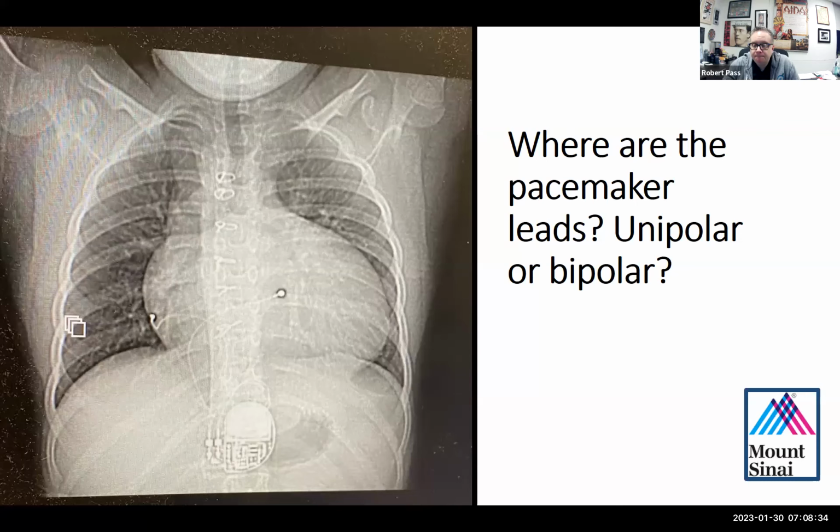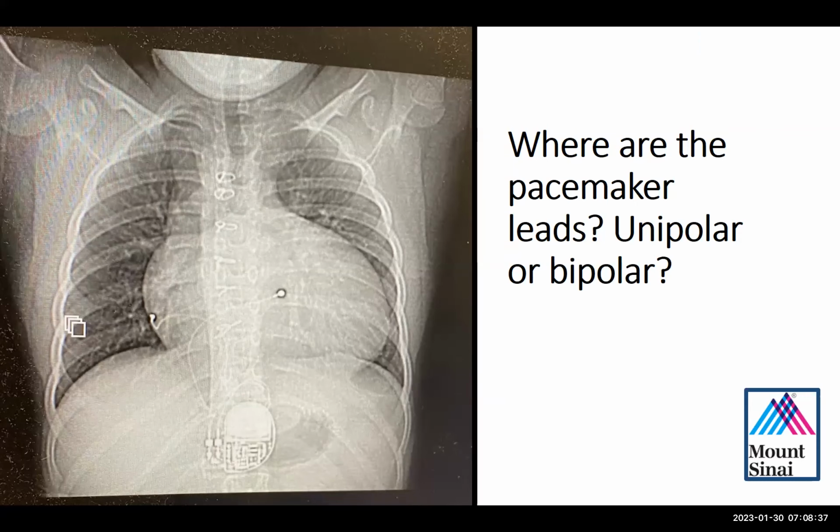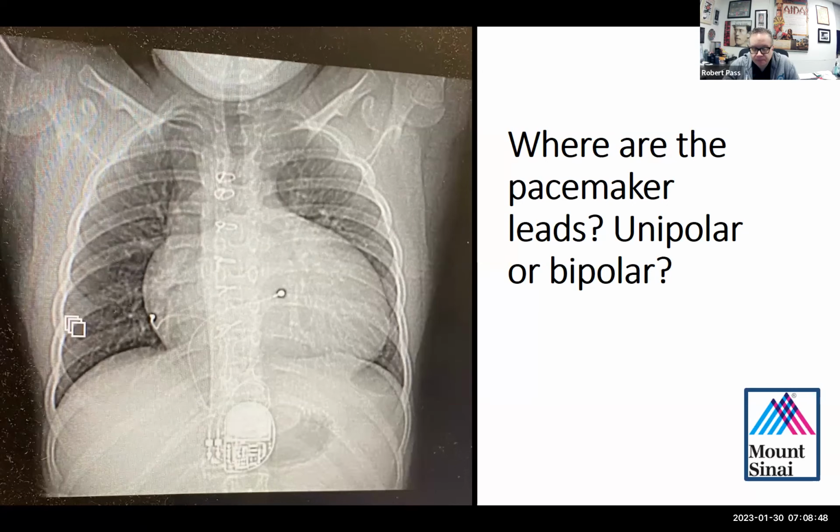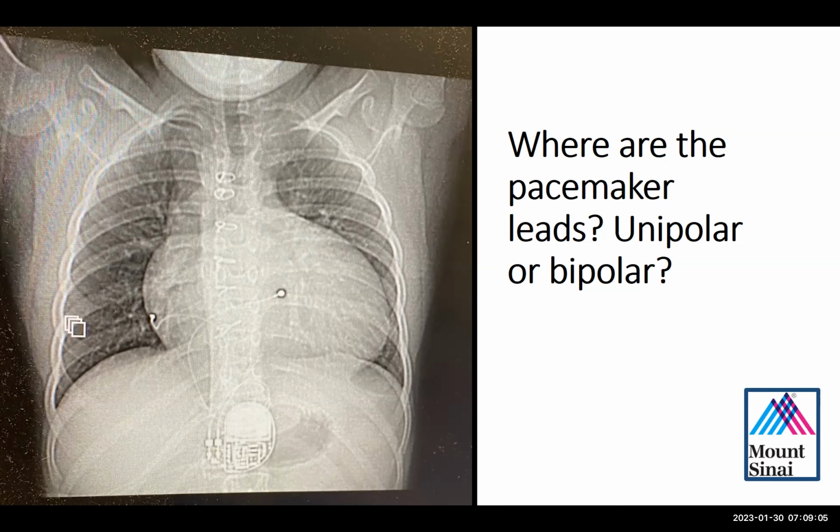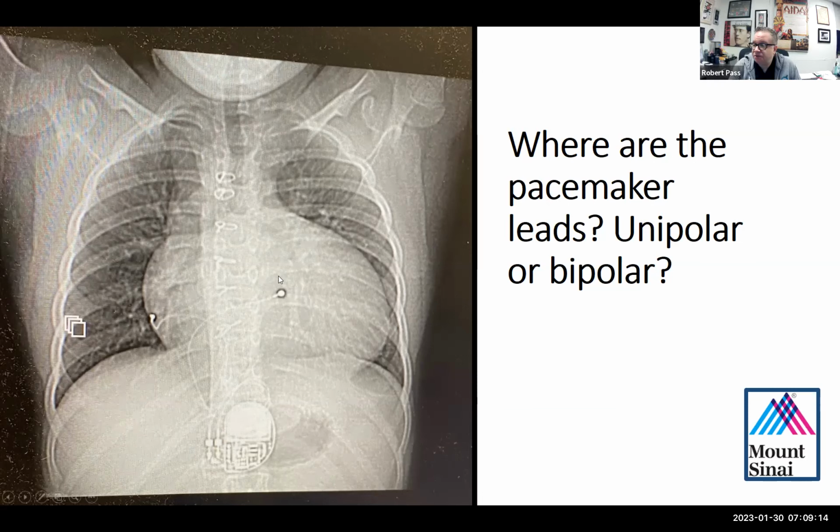And then the bipolar has two conductors, one in the distal electrode, and from the distal to the proximal electrode. Proximal. Right. Yes. So are there two conductors on each lead, or one in this case? I think it's one. Right. These are unipolar leads. Yeah. So there's a unipolar atrial and unipolar ventricular lead.